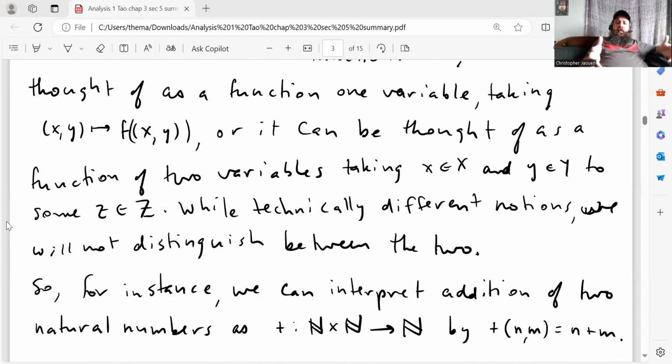Technically, the domains, if we think about them in those different ways, are different sets. We usually just ignore the difference between them because there's a natural identification between those two sets, which he says here. So while technically different notions, we don't distinguish between the two.